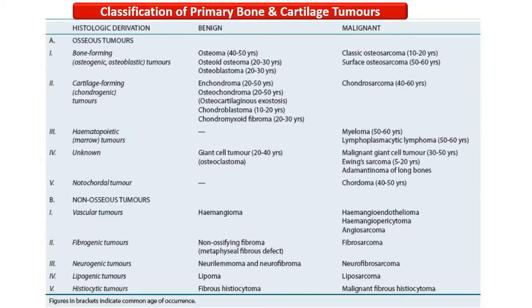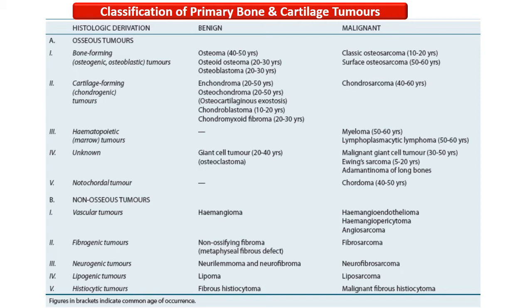This classification schema corroborates the statement we just made that each tumor has some predilection for a specific age and a specific site. The two major groups of these bone and cartilage tumors are osseous and non-osseous tumors. The osseous tumors are further divided into 5 heads.